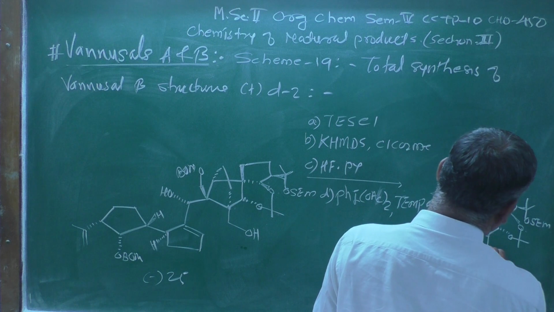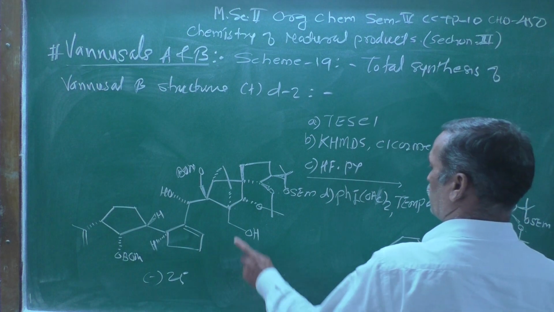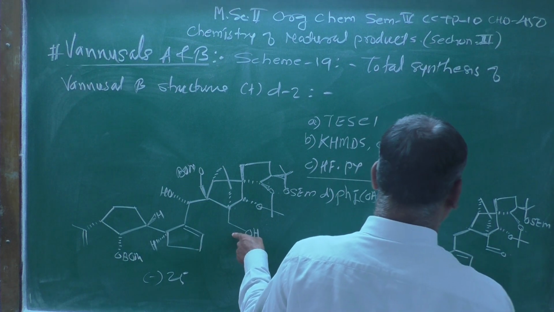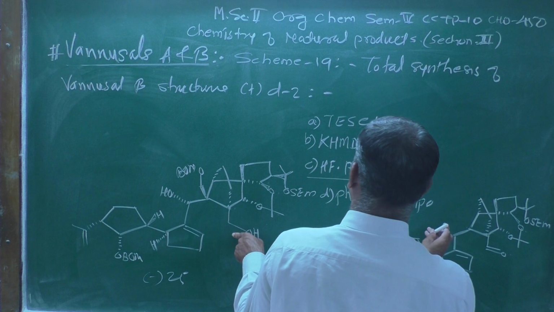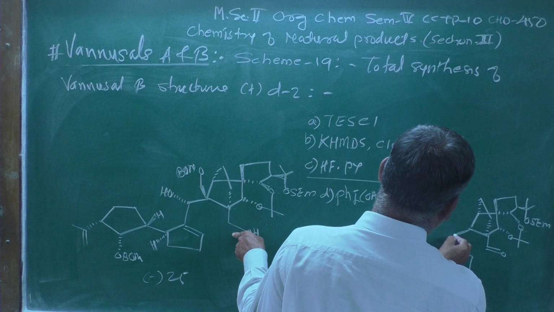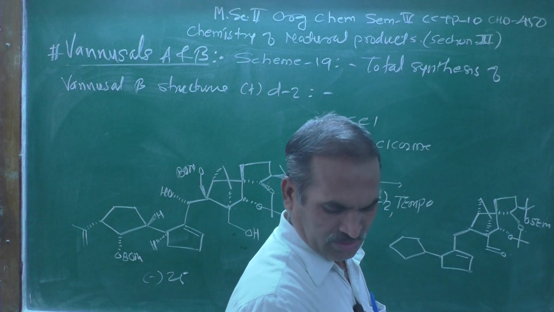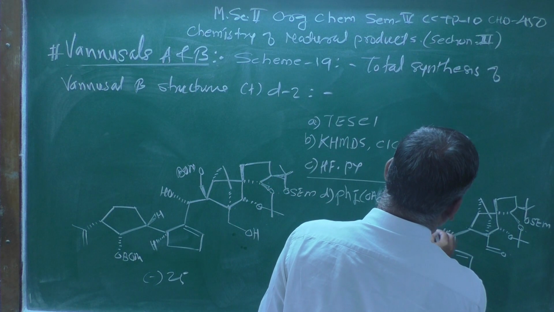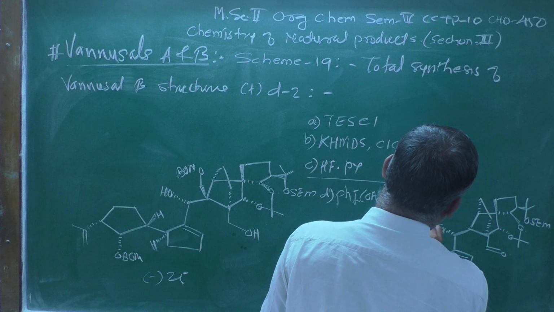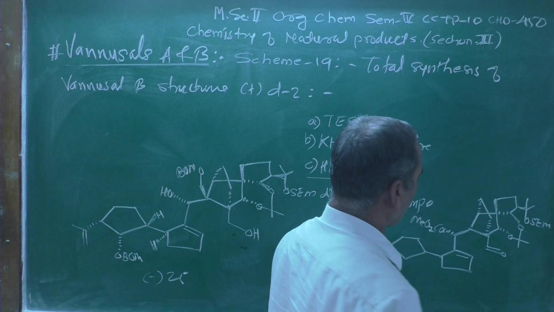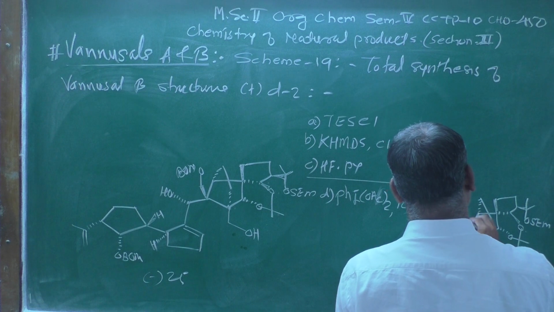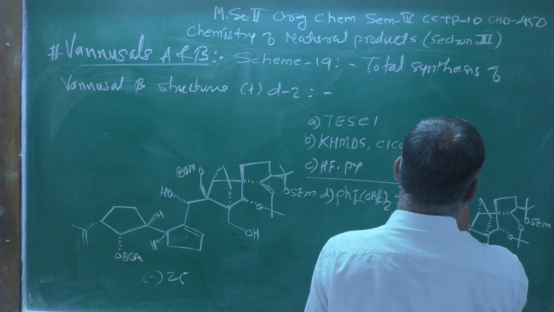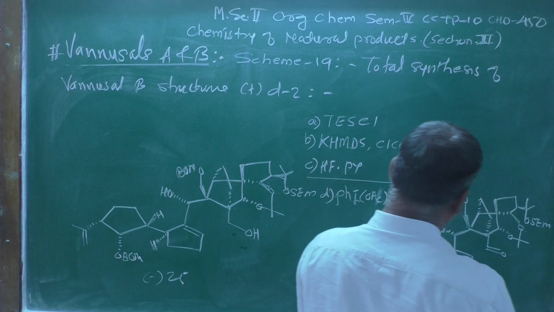Now at this position, whatever primary alcohol was there gets converted into an aldehyde. This double bond remains as it is, and at this position below the plane is a CO2Me group attached over here, and here is one more group above the plane, that is a primary alcohol protected with BOM.